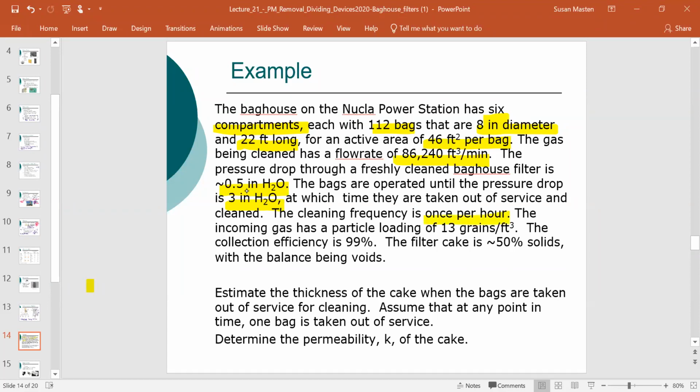We're going to clean once per hour, and the incoming gas has a particle loading of 13 grains per cubic foot and a collection efficiency of 99%. The filter cake is 50% solids.